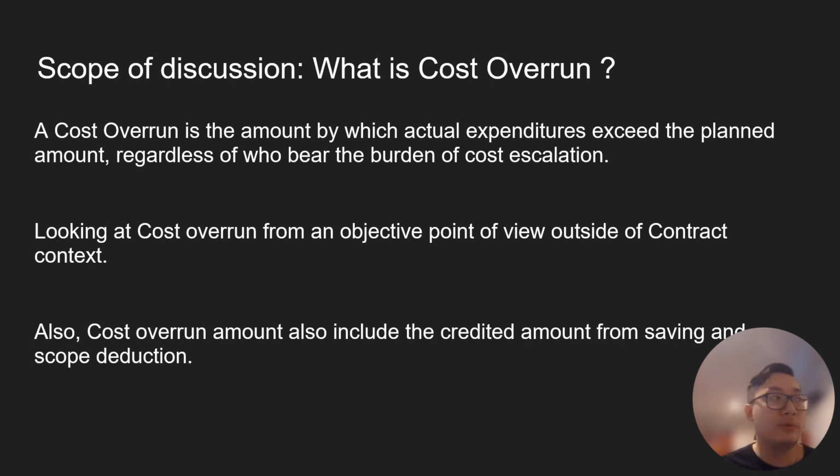Then to the GC, there's no cost overrun because the owner absorbed all of the cost. However, the kind of cost overrun that we're looking at in this presentation, we will look at it objectively outside of the project context, and we will say that the whole project will cost more money regardless of who is absorbing the cost.